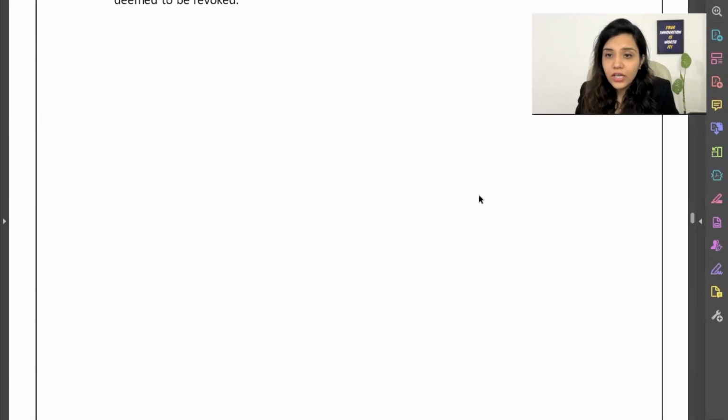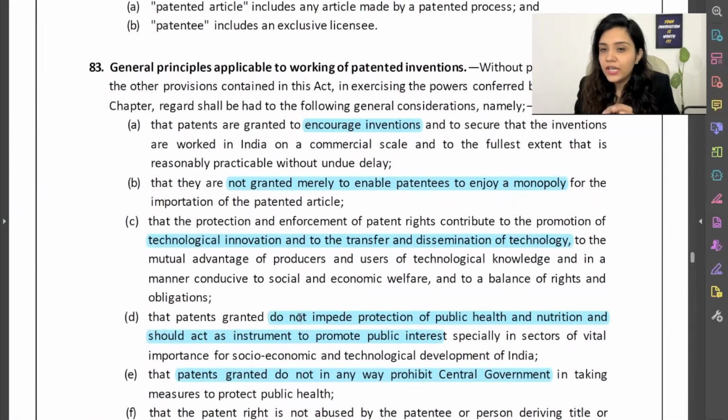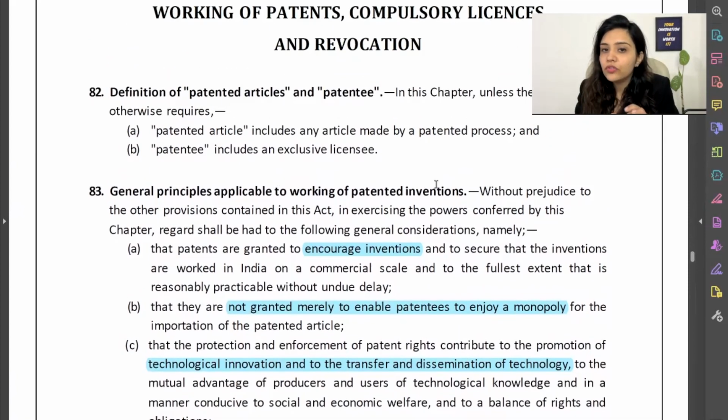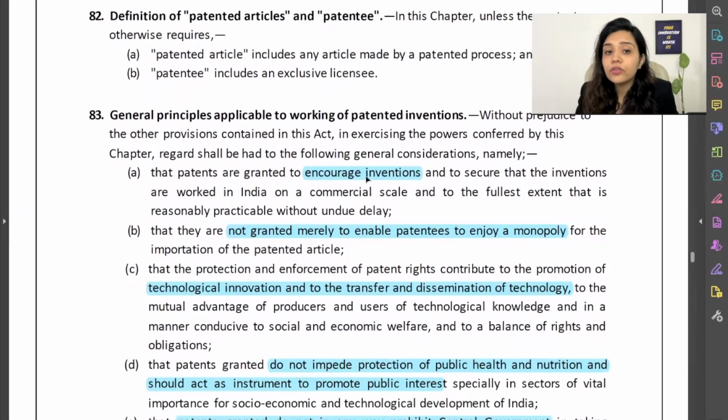So see section 83. Section 83 says general principles applicable to working of patented application. This section gives us the gist of why a person should be given a patent, for what reasons the person should be given a patent, and for what reasons the person should not be given a patent. If you read this section, you will find things like patent should be granted to encourage inventions.